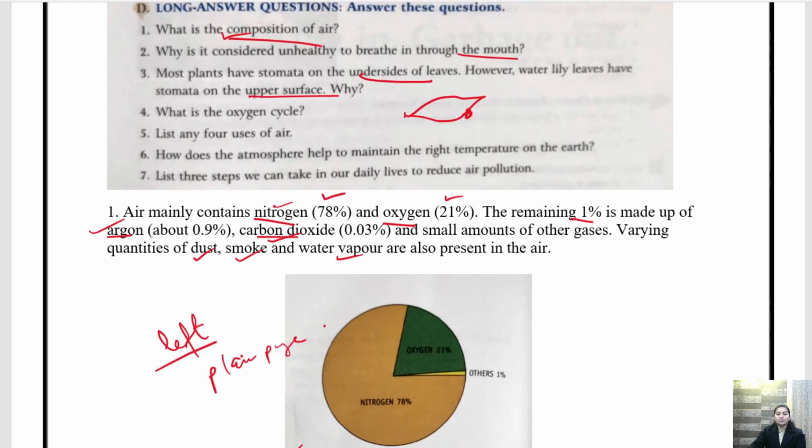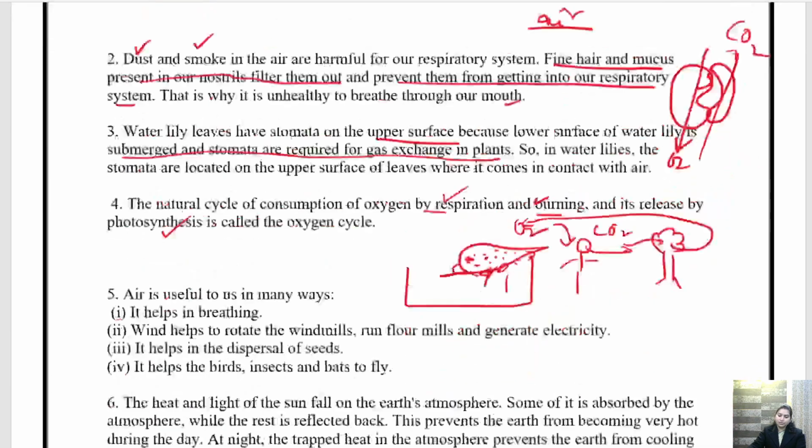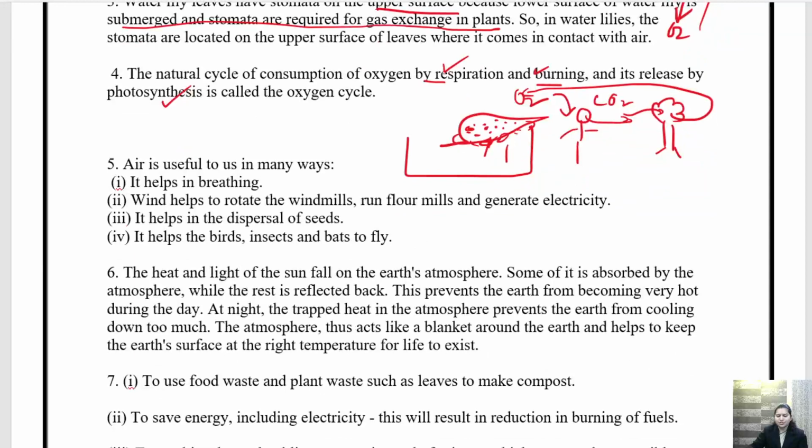List any 4 uses of air. What are the 4 uses of air? Children, first of all, a very important thing, air is used for breathing. Second, aeroplanes, birds, insects, everything that flies in the air does so because of the presence of the air. It also helps in the rotation of windmills and flour mills, and it generates electricity by the rotation of windmills.